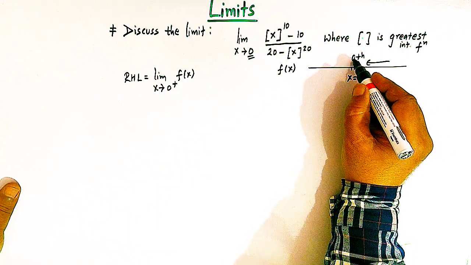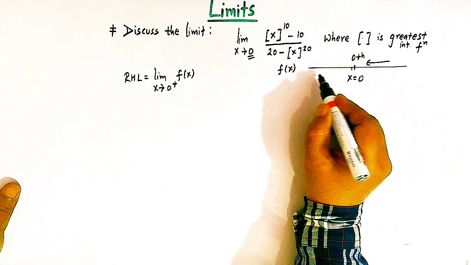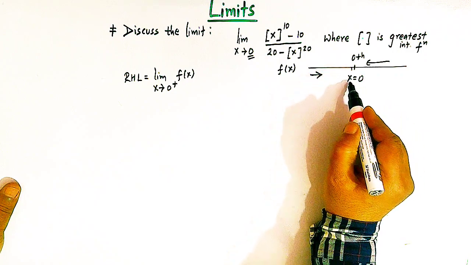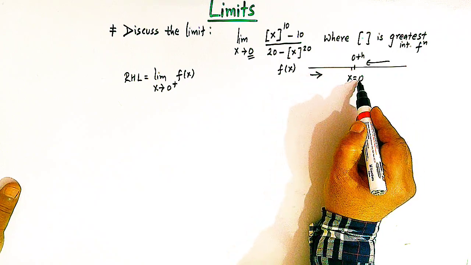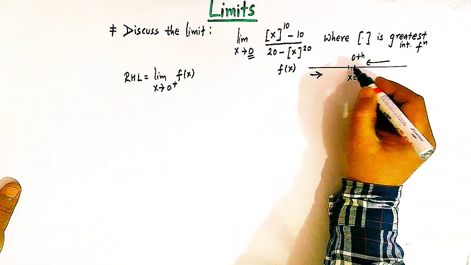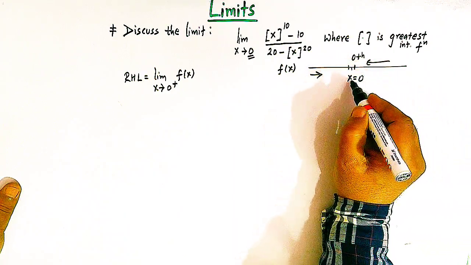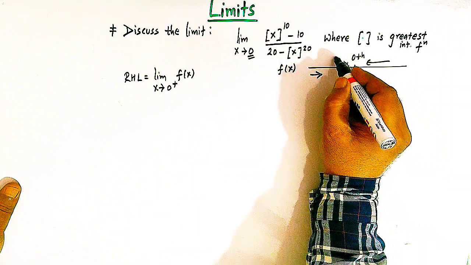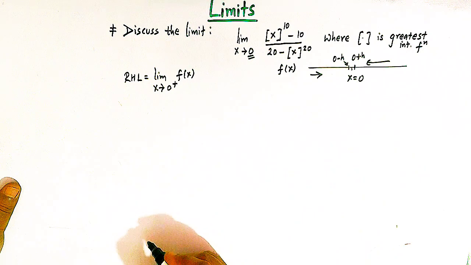When we calculate the left hand limit, we approach x equal to 0 from the left, and we arrive at a point in the neighborhood of x equal to 0, and we say this point is 0 minus h.